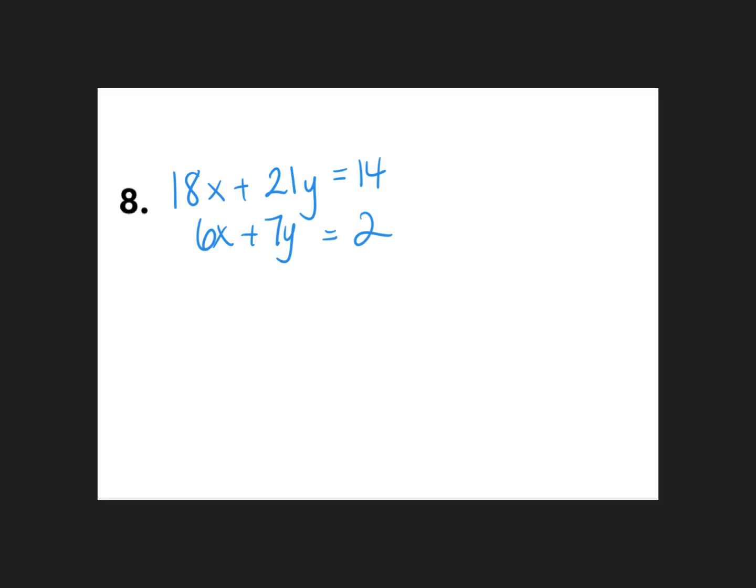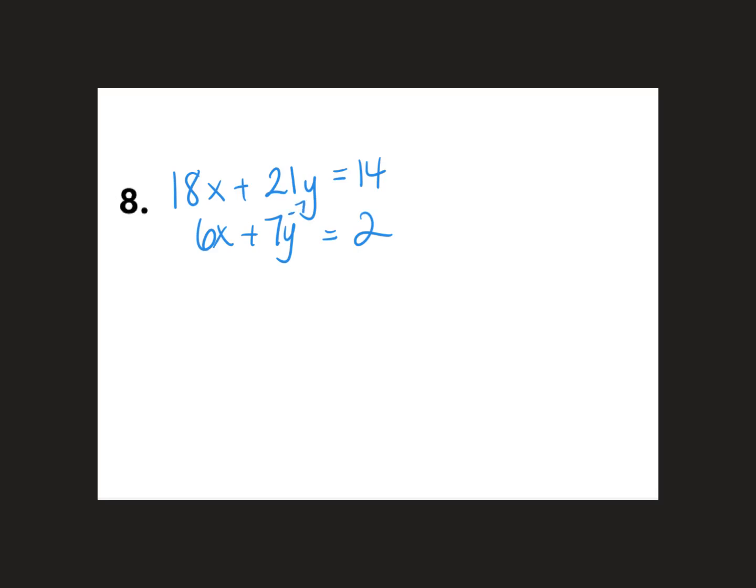All right, let's just dive right in. Honestly, I would choose elimination on this one, but I want to practice substitution one more time. So we're just going to dive in, and I'm going to choose the smallest coefficient. So this is the smallest number, so I'm going to get x alone.